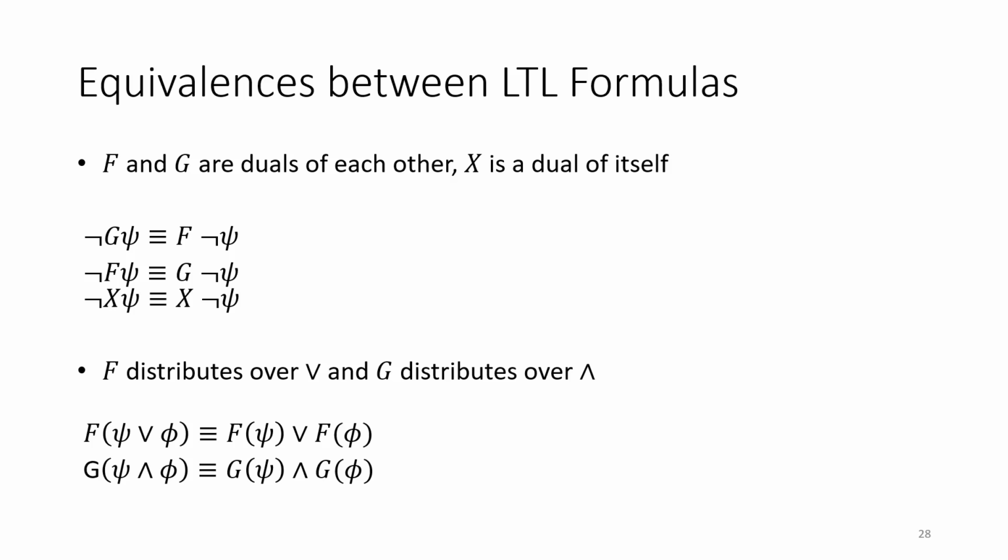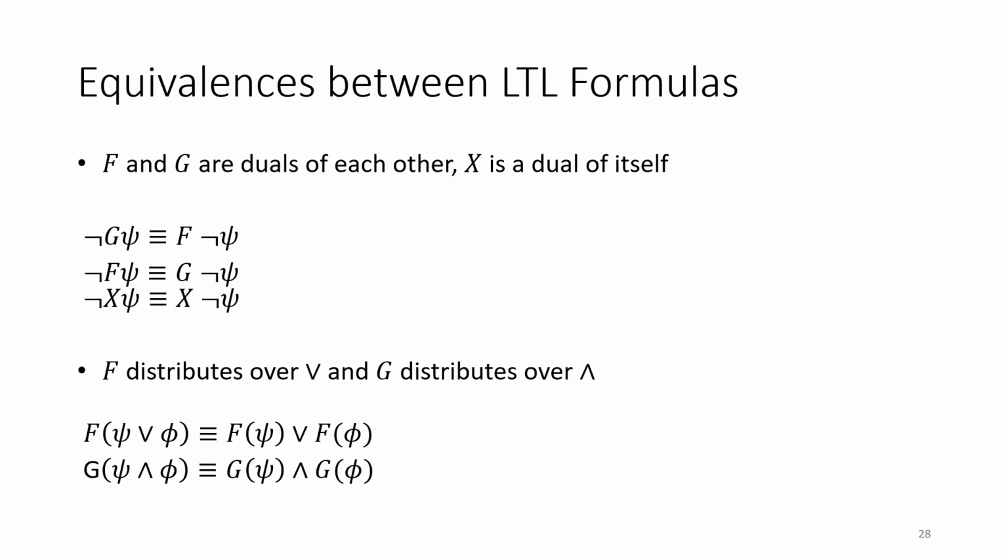So these would be dualities, but then we also have some distribution laws, like you know from simple arithmetic, but here the operators distribute differently. For example, finally psi or phi is equivalent to either finally psi or finally phi.